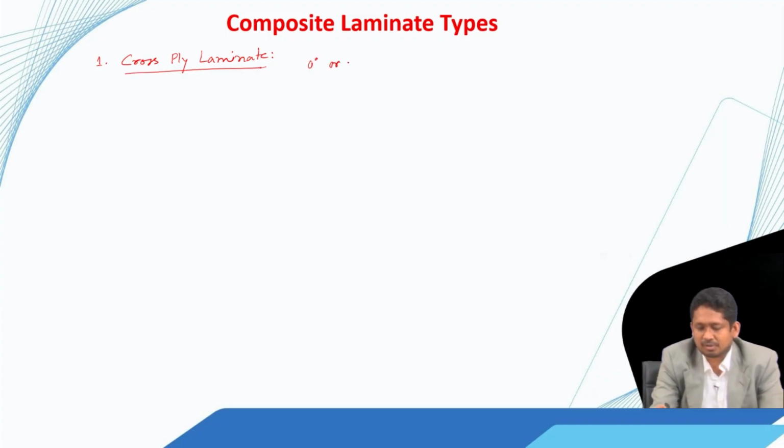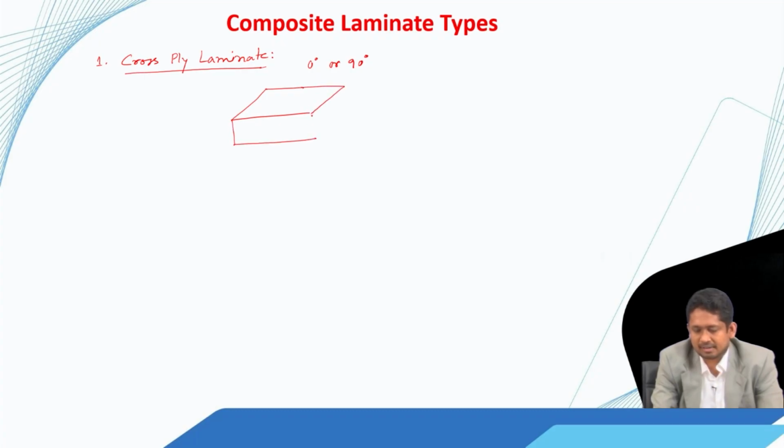So, either 0 or 90 degree orientations the plies have. So, if I make a laminate and say the laminate has 4 layers, so this is our layer 1, layer 2, layer 3 and layer 4.